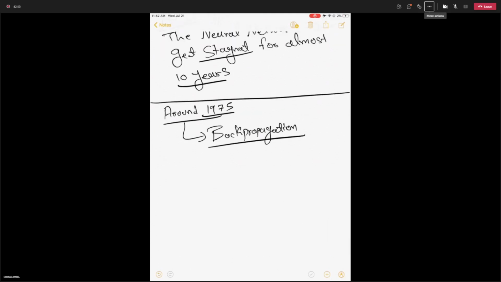Somewhere you had seen this word like this, BPNN, backpropagation neural network.